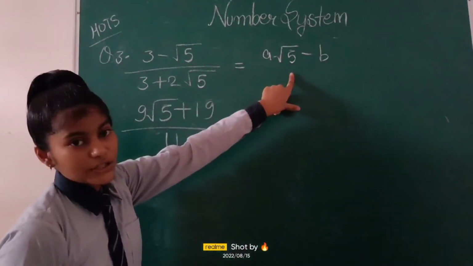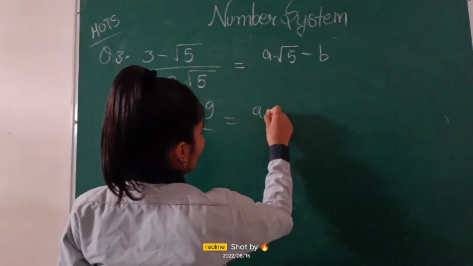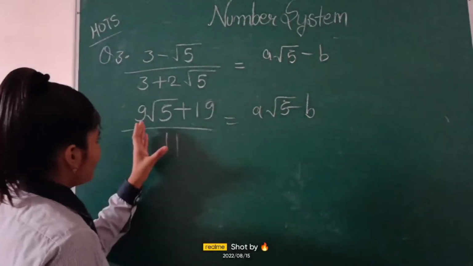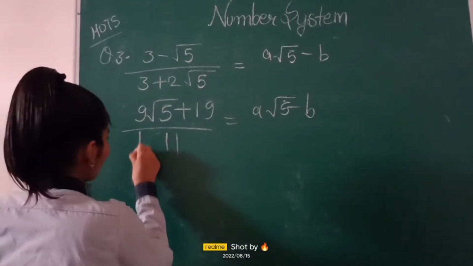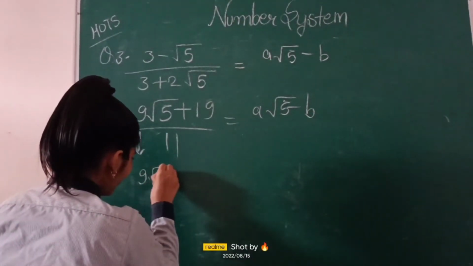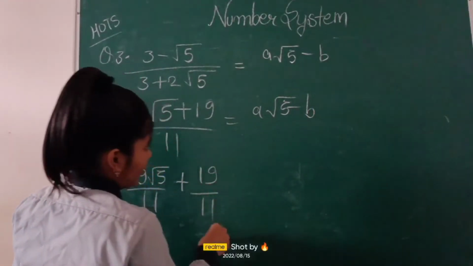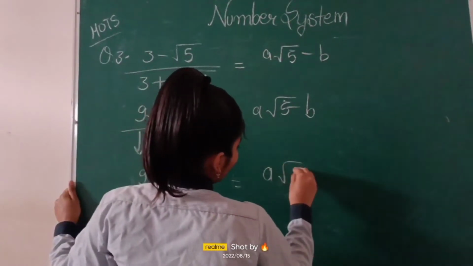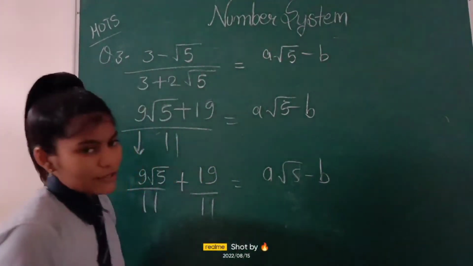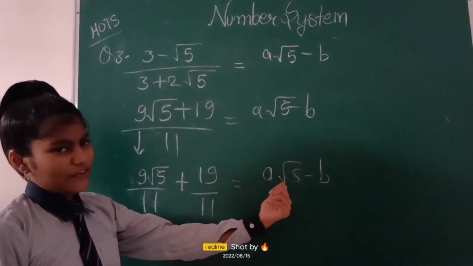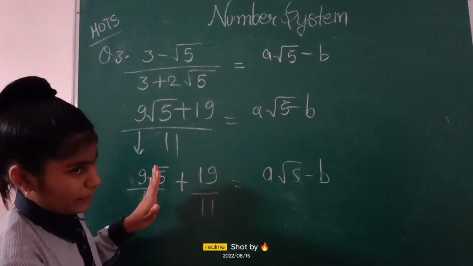Now this is equal to the given condition, a under root 5 plus b. After comparing, you can write this as 9 under root 5 by 11 plus 19 by 11, which is equal to a under root 5 plus b, and you have to find the values of a and b. Now see, under root 5, we will hide this for a minute.